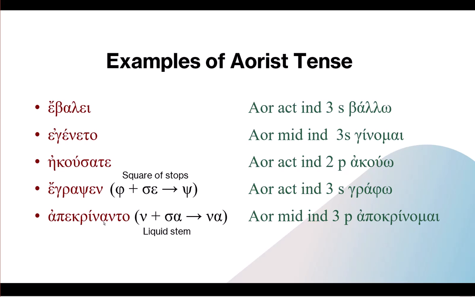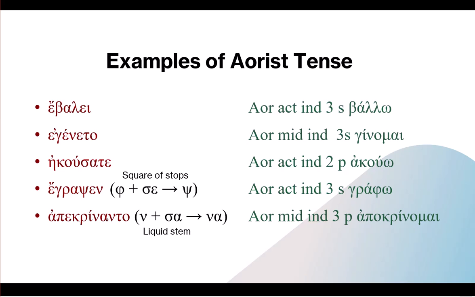So we have to look at this and say, well, I see the alpha and I see that ending, which looks like a secondary ending, but note that the stem has not changed. Apart from the augment, the stem is apokrin. So the secondary ending is pointing us to first aorist rather than second aorist, where the stem would have changed.